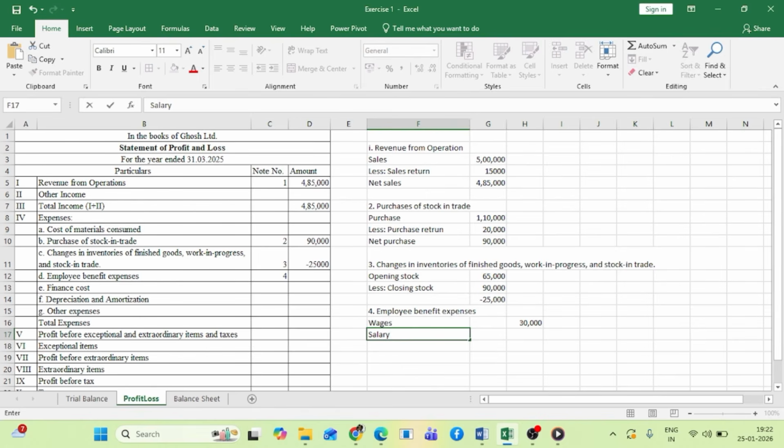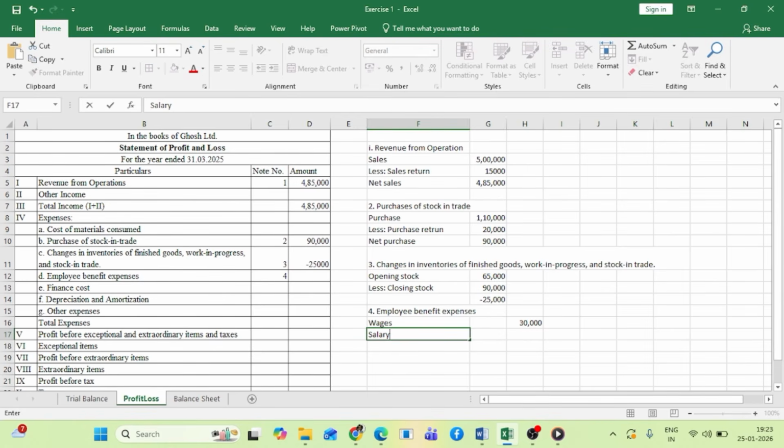Now when there is any expense and that one is outstanding, you need to add the outstanding amount, because you are trying to find out what is the total amount of expenses that you have incurred in a particular accounting year. And if you ignore the outstanding expenses, you are not fully showing the total expenses in a particular year.